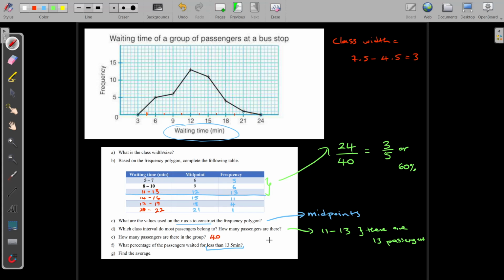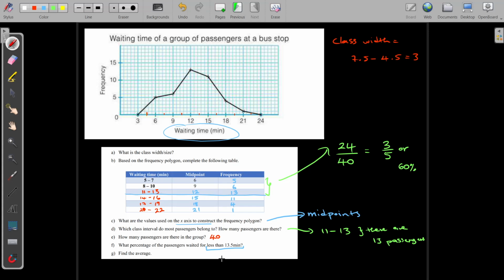All right, so they want us to find the average. Do you recall how to find the average for group data? I think it's the highest plus the lowest divided by 2.